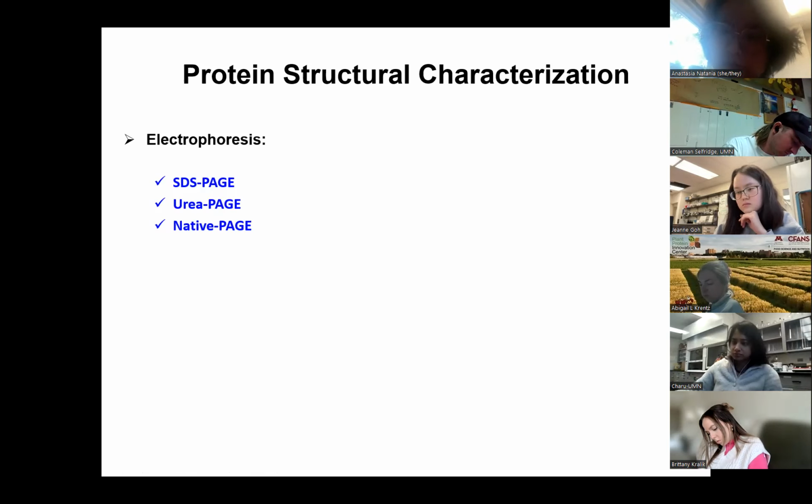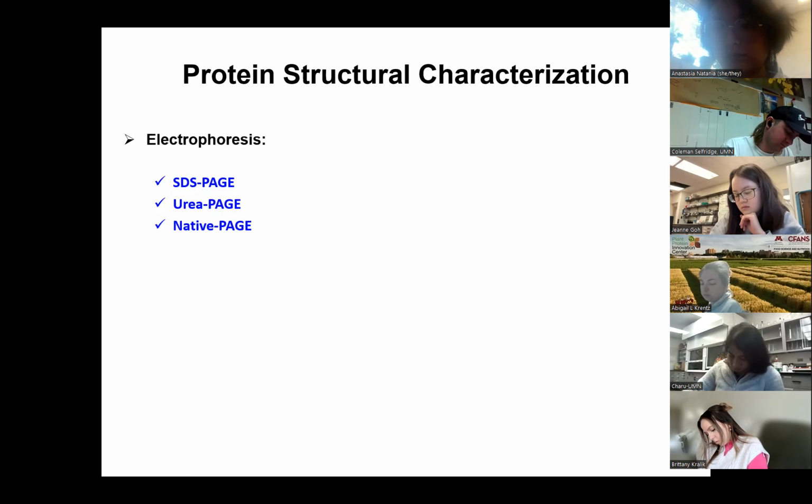You run a voltage, right? So they're all moving down. But we know that the proteins have different charges. They're not all net negative charge, they're not all positive charge, they vary. But all the proteins, when you run them on SDS-PAGE, they go down. They go from negative to positive.